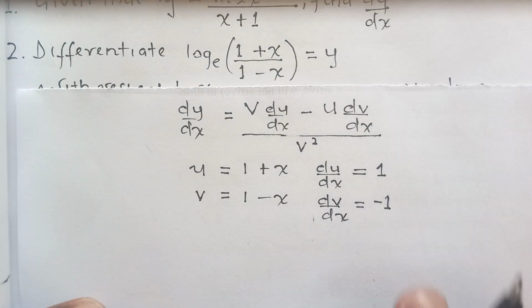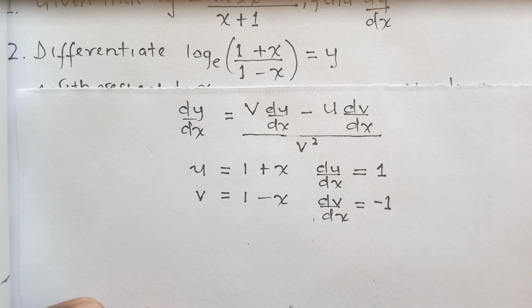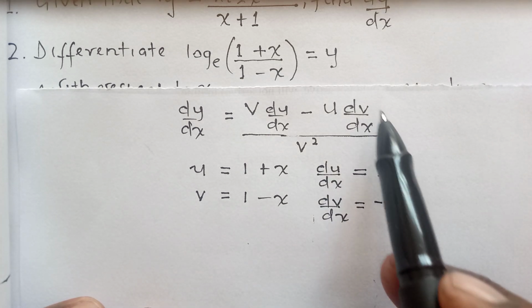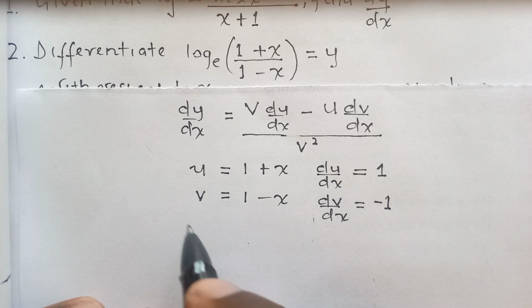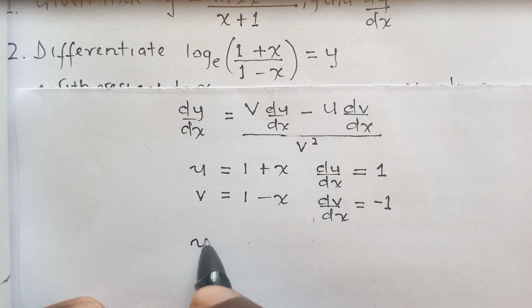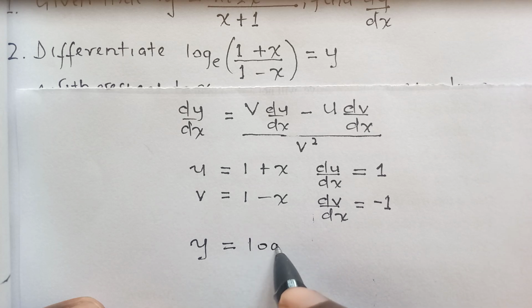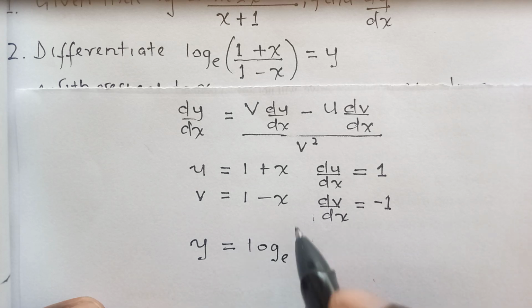And this is what I want us to look at. We can also say, we can retain that, but say y is equal to log e, and then we can say this is z.